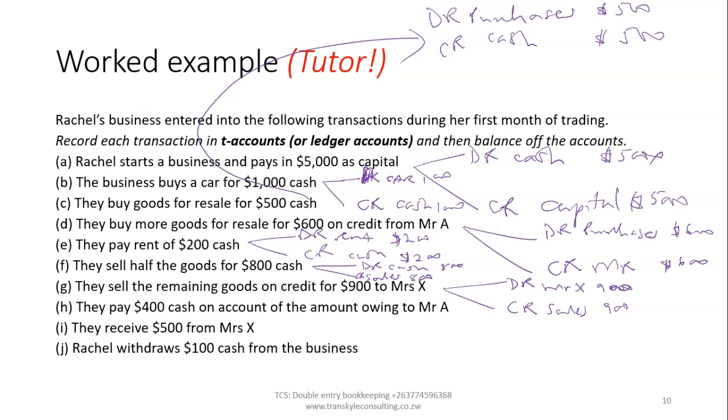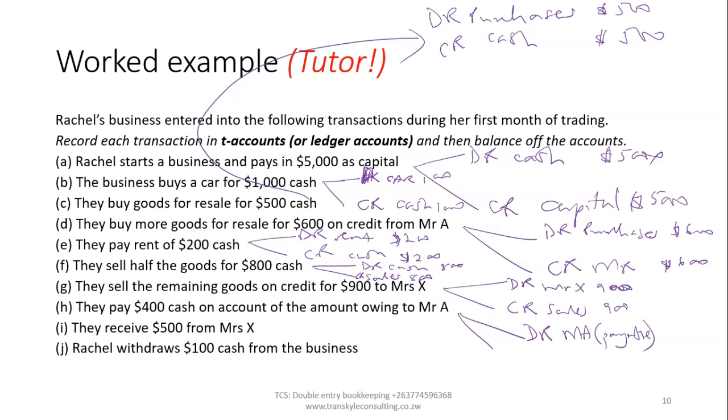They pay 400 cash on account of the amount owing to Mr. A. We paid cash, so Mr. A is receiving. So debit Mr. A, who is a payable.